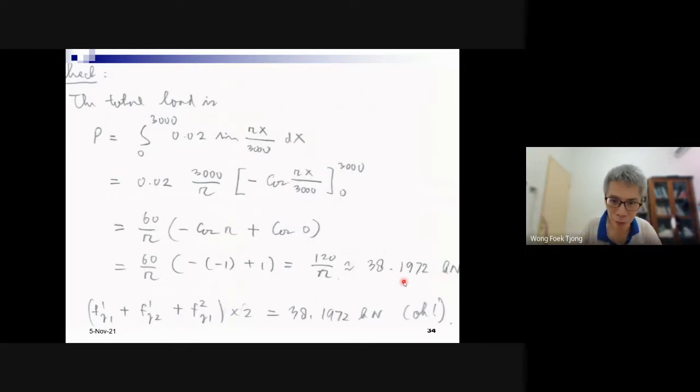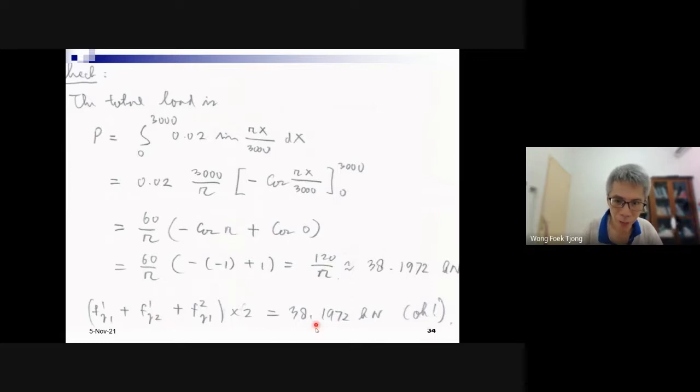This should be equal to the total equivalent nodal force. Element 1, element 2, element 3, right? This is 2 times element 1 because there is symmetry, right? Element 3.